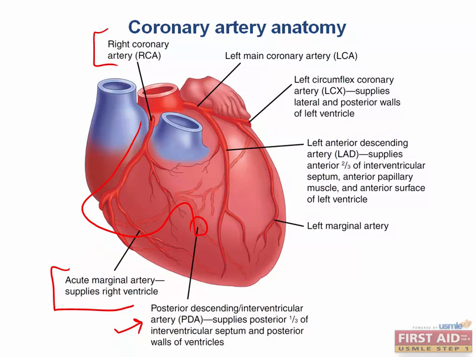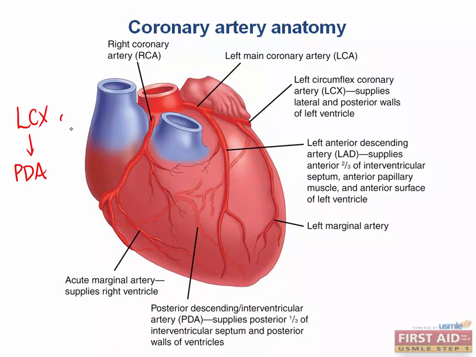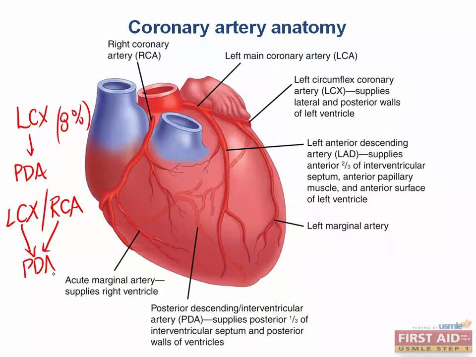So remember, there will always be anatomical variance in every organ system, which is rather unfortunate because it is more we have to remember. So the other two situations are that the posterior descending artery arises from the left circumflex, and that will occur 8% of the time. Or the other situation is that the posterior descending artery arises from both the left circumflex and the right coronary artery, and that occurs in 7% of the population.